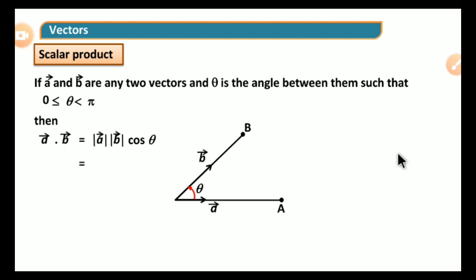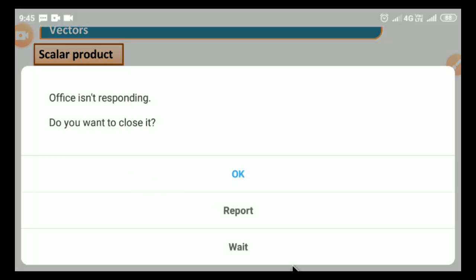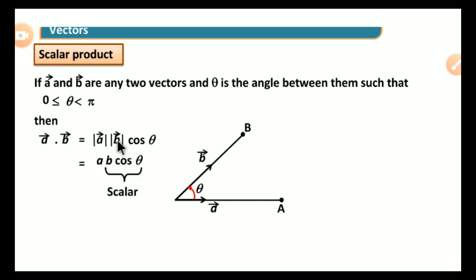It can also be written as A into B into cos theta. Here A is the magnitude of vector A, B is the magnitude of vector B. Therefore this whole becomes a scalar quantity, because A is a real number, B is also a real number, because both are magnitudes, and cos theta also gives a real number.